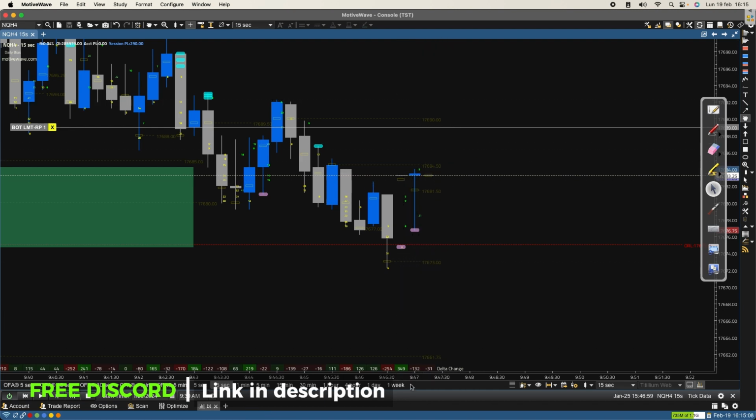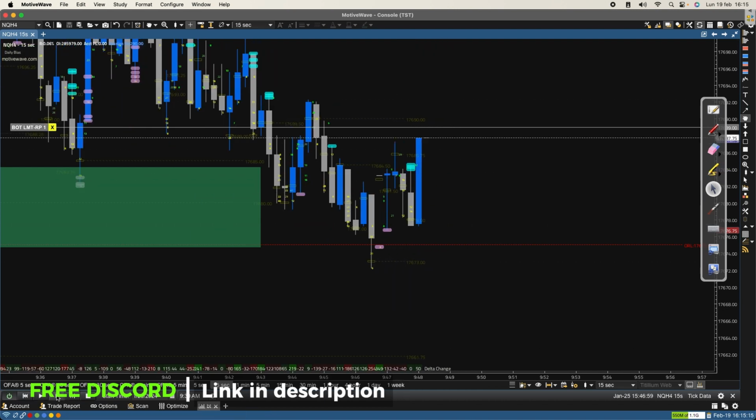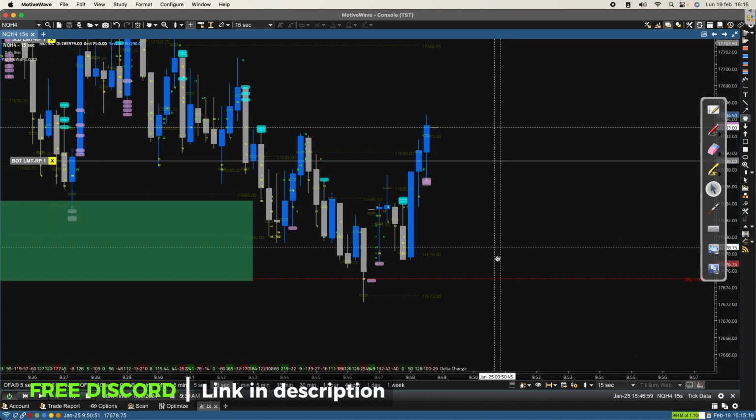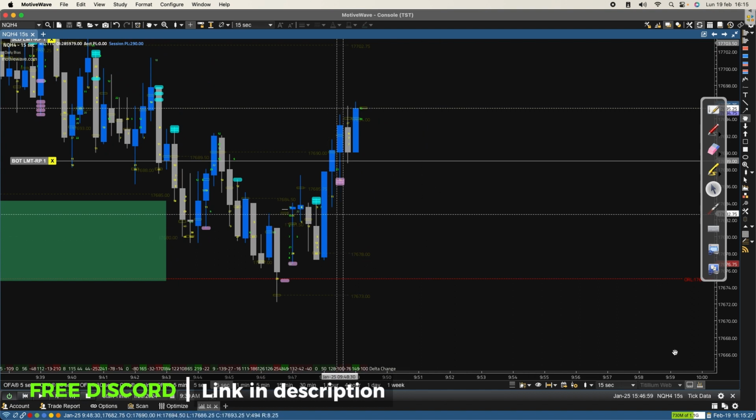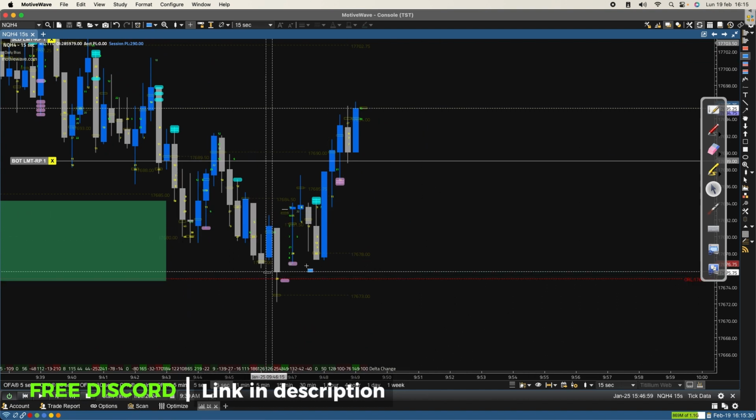I want to see a clear impulse up. Okay, so this is the second impulse that we do have. We have a break of structure, so this zone could be good for us to trade as well.